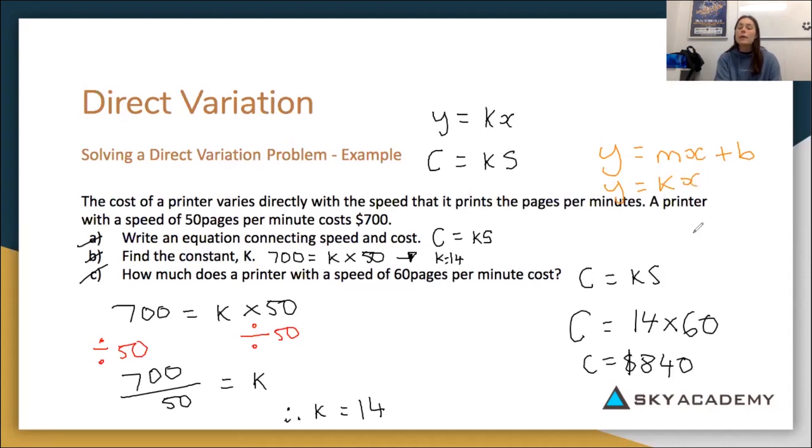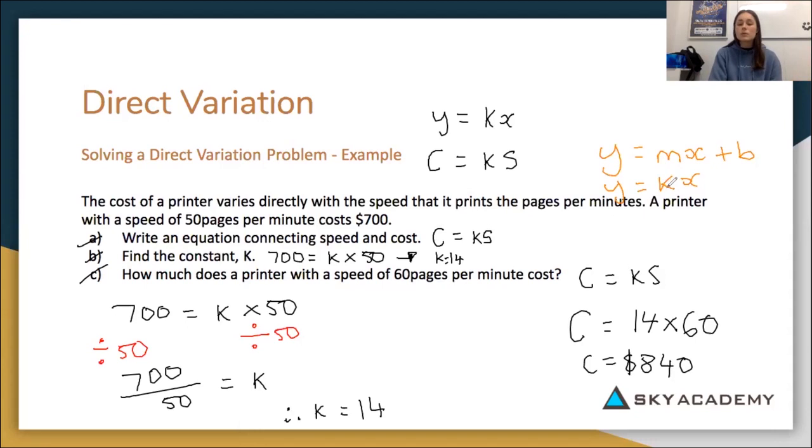Our m and our k are the same thing. So if we were to graph this direct variation model, our k would be our gradient. So that's why direct variation comes into the linear relationships topic. So you just need to be aware that the k, the constant, can also be our gradient.